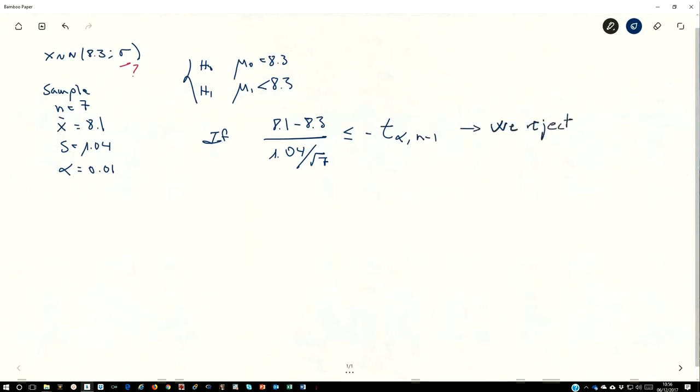So if the statistic is lower than the point in a t student with 6 degrees of freedom that accumulates 1% of probability in the lower tail, we will reject the null hypothesis.